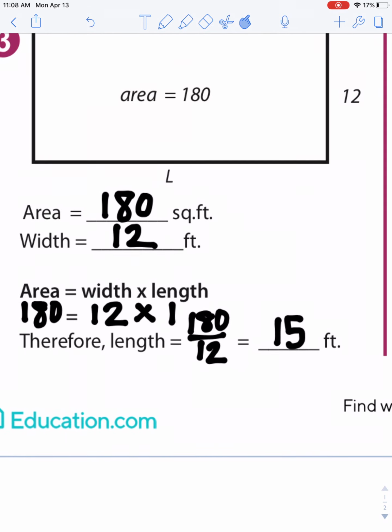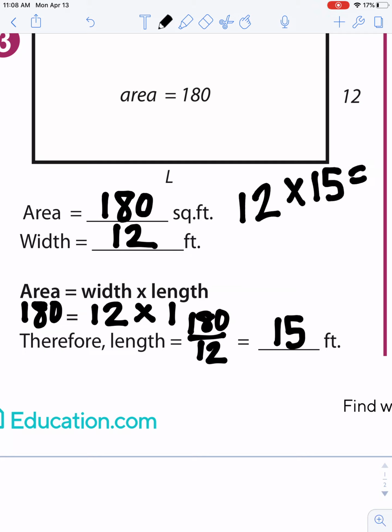To check our work, we're going to multiply the width, 12, times the length, 15. When we multiply that on the calculator, you should get 180, which is equal to the area they gave us. So we know that 15 is the correct length, 15 feet.